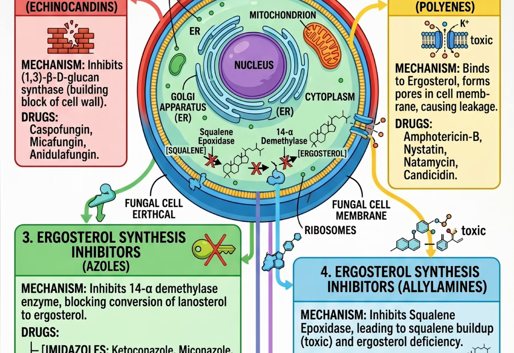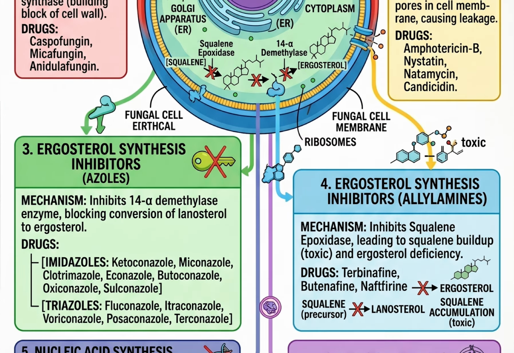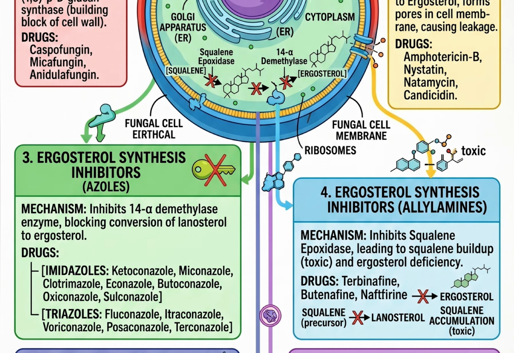Next are ergosterol synthesis inhibitors. Let's look at the mechanism of ergosterol synthesis. Firstly, squalene is the precursor for ergosterol synthesis. Squalene is converted into lanosterol by the enzyme squalene epoxidase. Then lanosterol is converted into ergosterol by the enzyme 14 alpha demethylase.